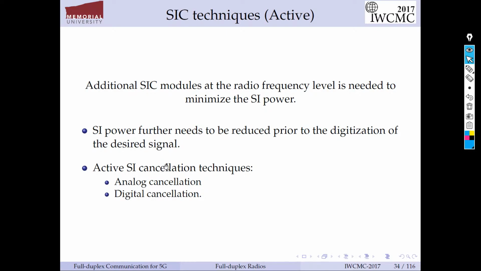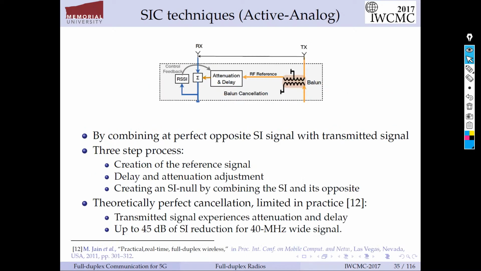Analog because the elements you use are active, and digital because you are designing the self-interference cancellation technique in the baseband circuit. So you implement it inside the chip, not on the RF chain.